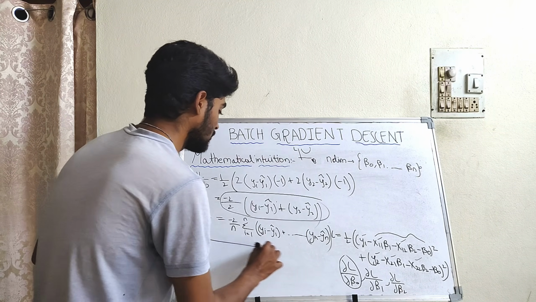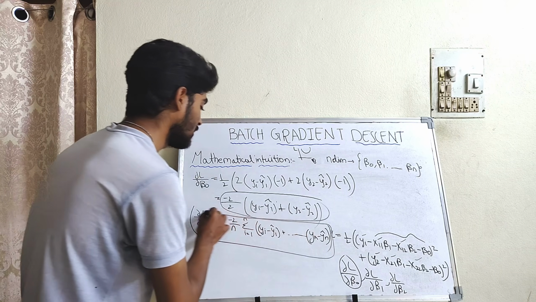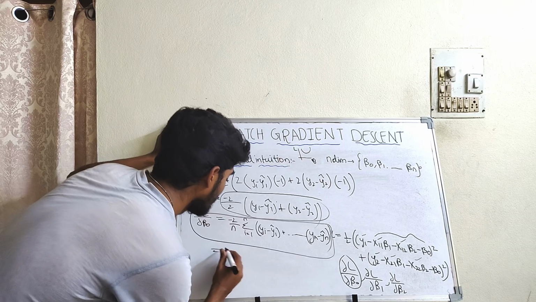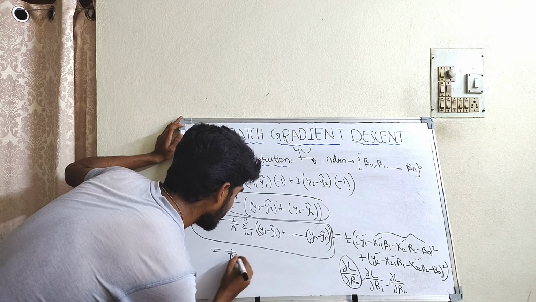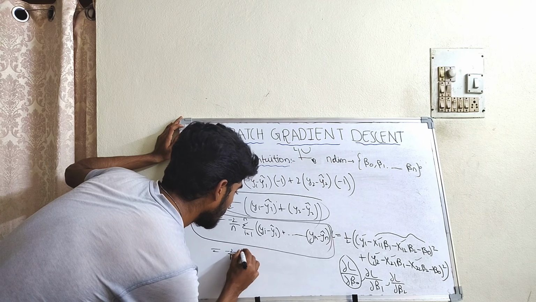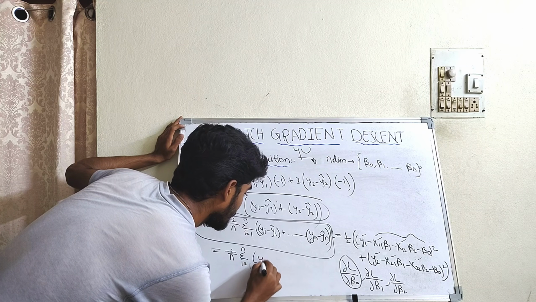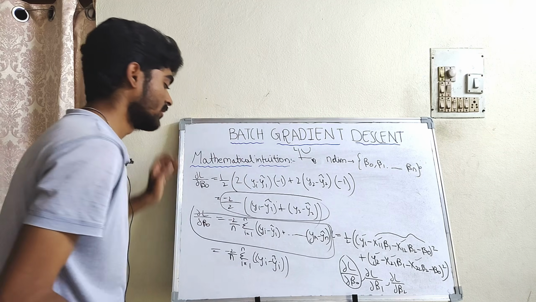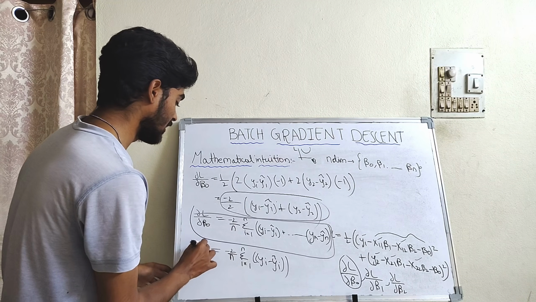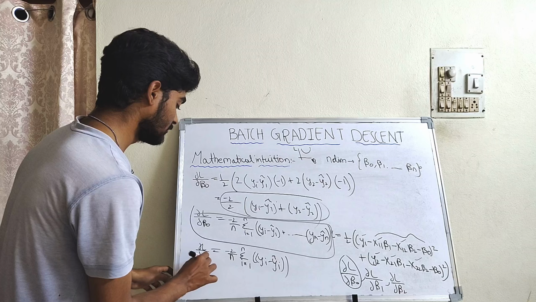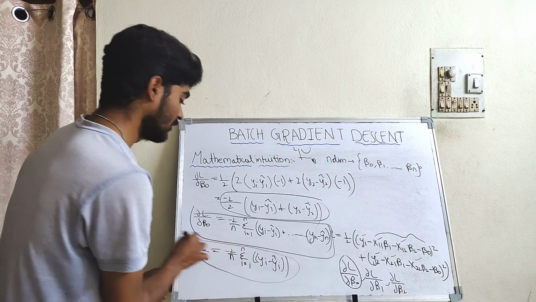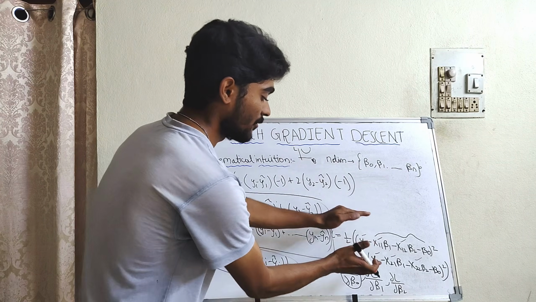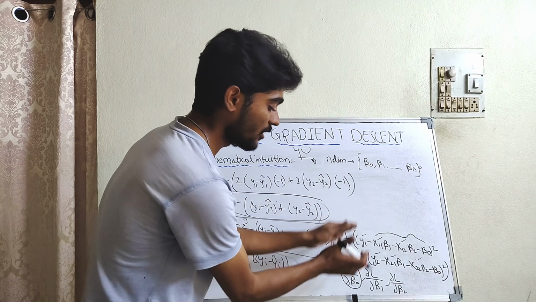This is the generalized formula, and you can write it in shorter terms: minus 2 by n, summation of i equal to 1 to n, yi minus yi hat. This is the generalized formula of del L by del beta naught. You started from here, first determined the loss, and then differentiated it.